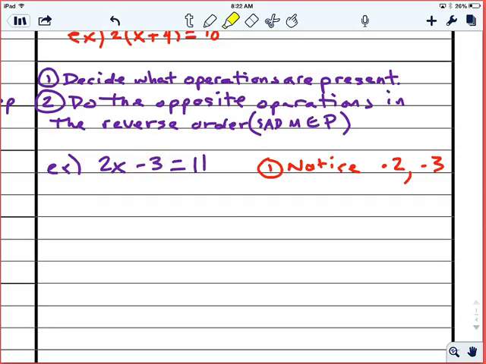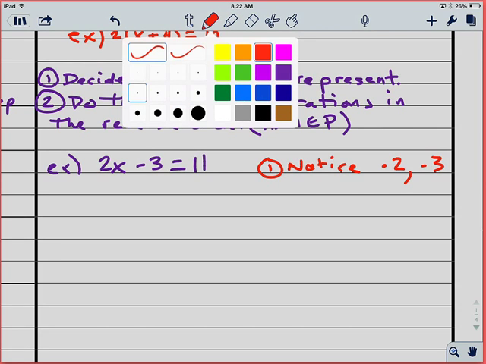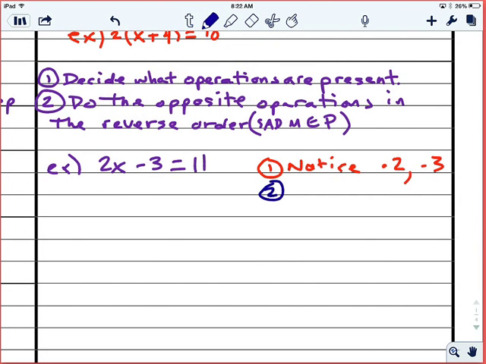In the order of operations, normally you'd go PEMDAS, and multiplication would come before subtraction. However, we're solving an equation, so we have to do the opposite operations in the reverse order, or opposite backwards. So I'm going to say, add 3, then divide by 2. Because adding 3 is the opposite of subtracting by 3, and dividing by 2 is the opposite of multiplying by 2.